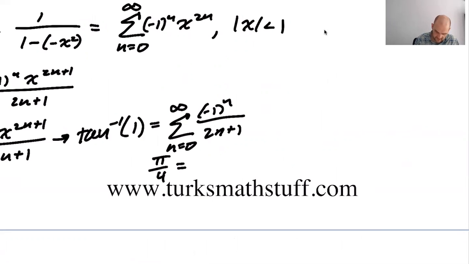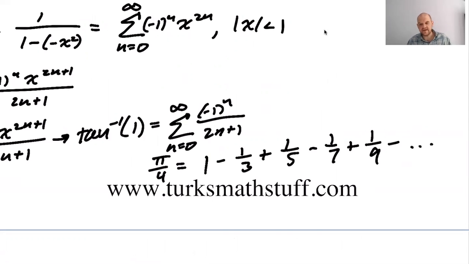And this, if I plug in 0, I get 1, and then minus 1/3, plus 1/5, minus 1/7, plus 1/9, minus... Look at that. Alternating sum of the reciprocals of the odds. Seems like there should be a better way to say that, but I don't know what it is. Which means that we could find pi. Multiply both sides by 4. So if I put 4 times this, it equals pi.